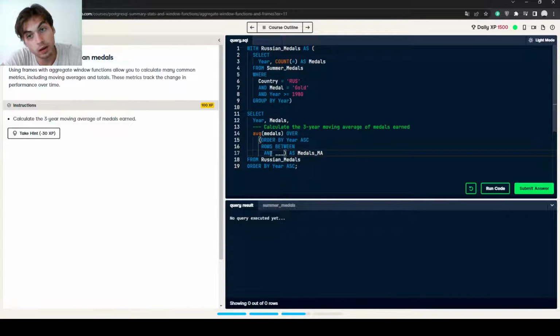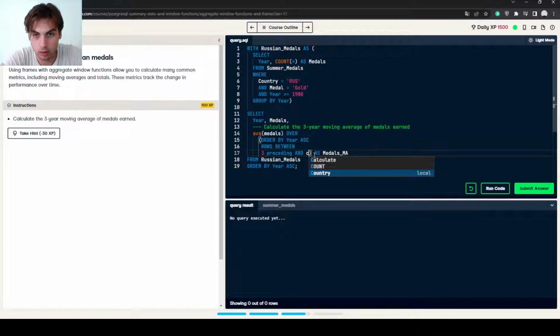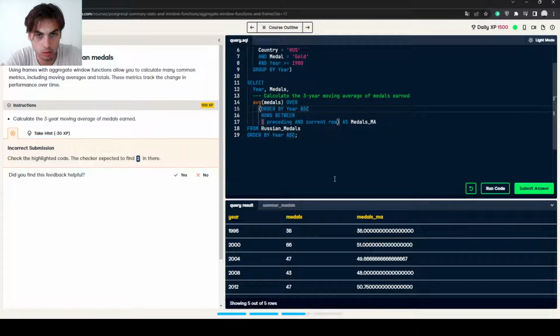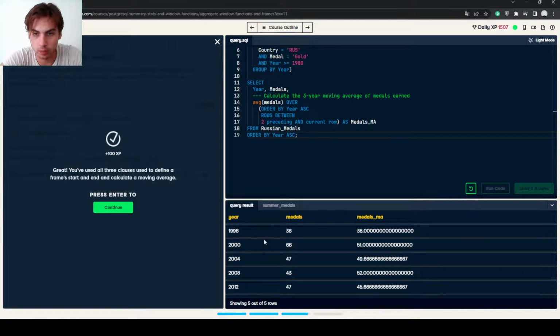Calculate the 3-year preceding and ну да, два круга, два года и текущий год. Вот так.